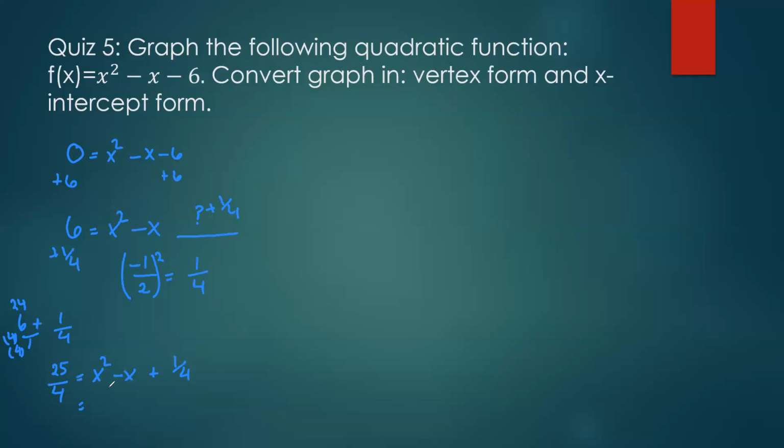And then what I would do is put this in factored form. So how do I put this in factored form? It's going to be x and then half of b. It's like going backwards. If our b was -1, half of that would be -1/2, squared. And then this is 25 over 4. Then move this 25/4 to the other side by subtracting 25 over 4.